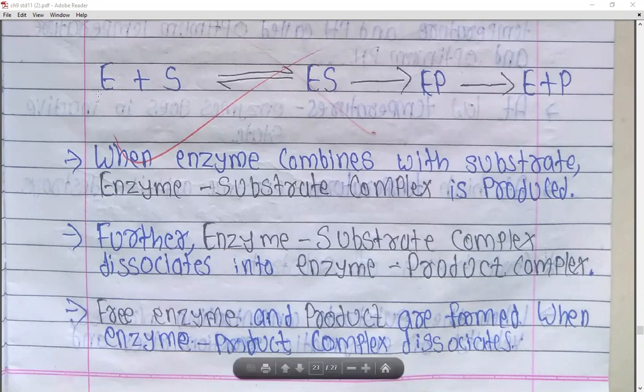The first step is the combination of enzyme and substrate, and upon combination they form the ES complex, that is the enzyme substrate complex. Once this is formed, it dissociates to form the EP complex, that is the enzyme product complex. This is the second step. And the third step is the dissociation of this EP complex into the free enzyme and the product.